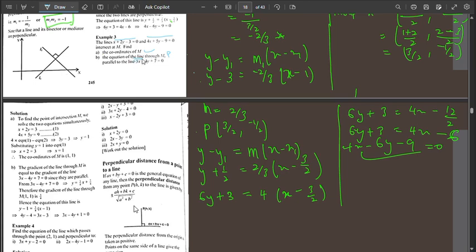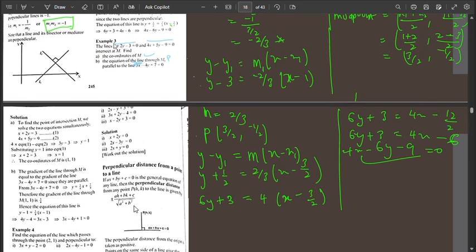So we are finding the equation of another line, a line that passes through m, and then we know how to find m. And then it's parallel to this line. If we can find the gradient of this line, the gradient of this line is the same as the gradient of the line we are about to find. Why? Because they are parallel.